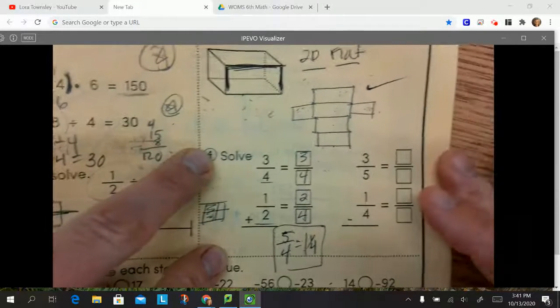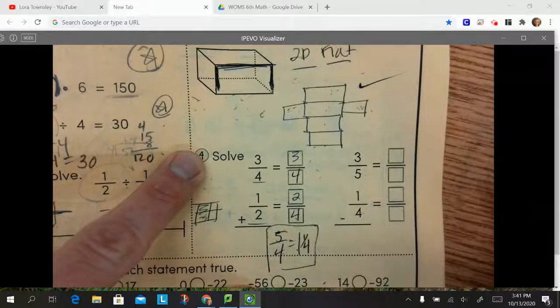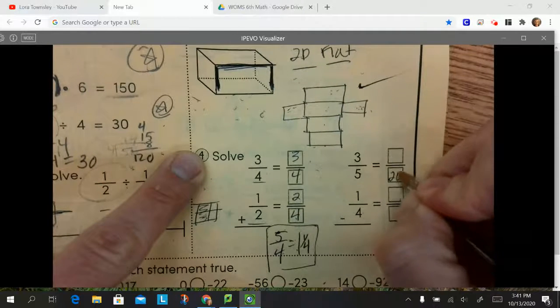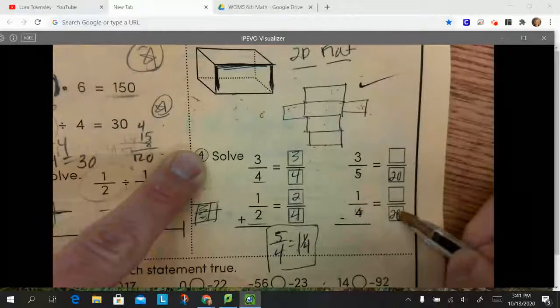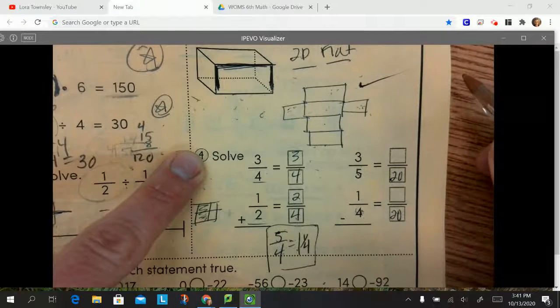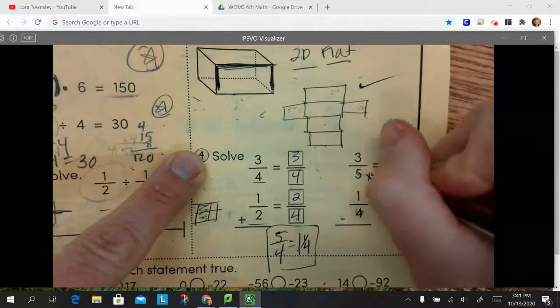If you have 3/5 minus 1/4, can't do it because you have different pieces. Okay, the pieces don't match, so it doesn't work. You need to make sure that you have a common denominator. And I'm going to use 20 because I knew 5 times 4, the 2 factors that make up 20, would work. Okay? To get to 20, I had to multiply by what? 4.